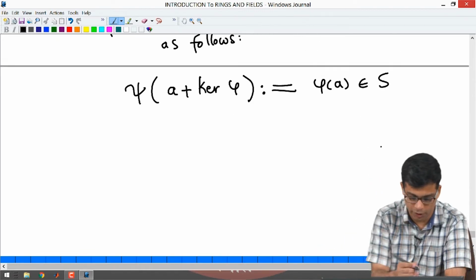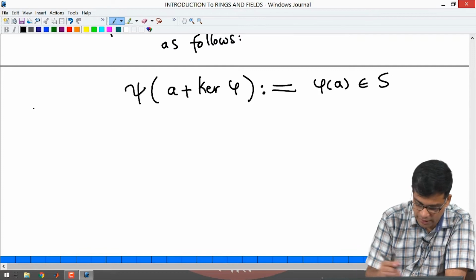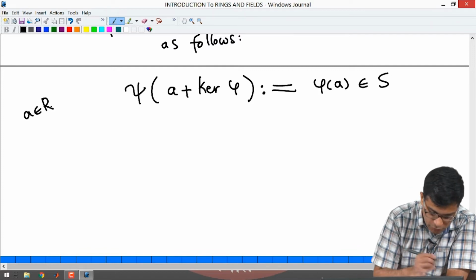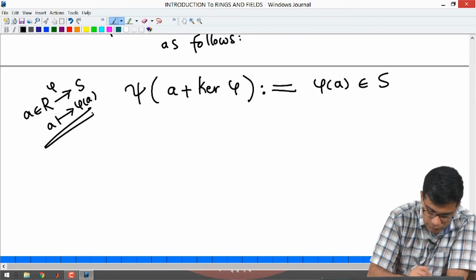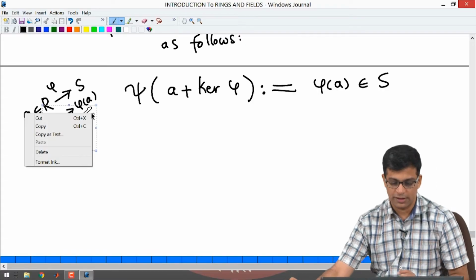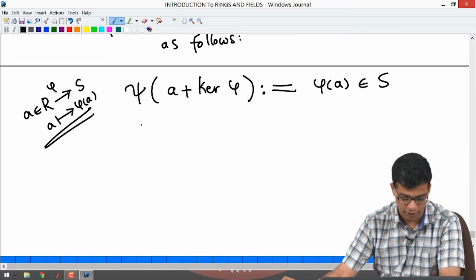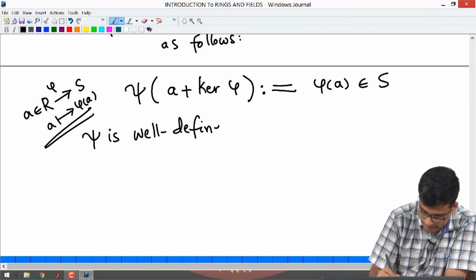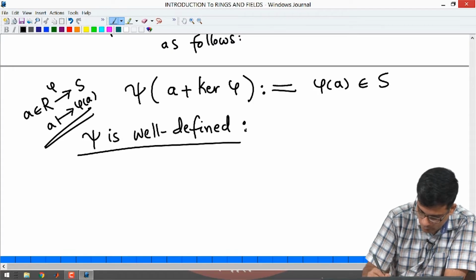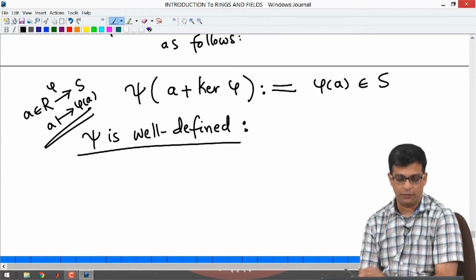So, here remember A plus kernel phi means A is in R. We have a function from R to S, namely phi. A goes to phi of A. Okay, so, now we have to check that this is well defined. This is fine to define it like this, but is psi well defined? Why do we need to show it is well defined?